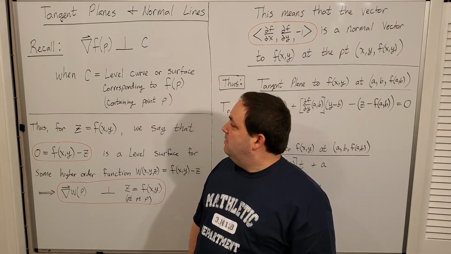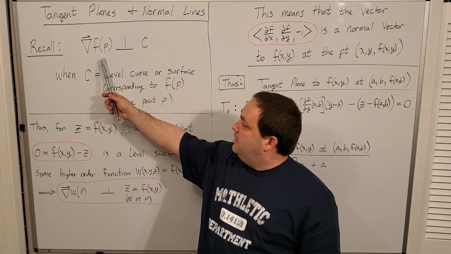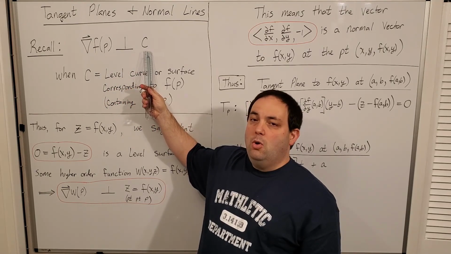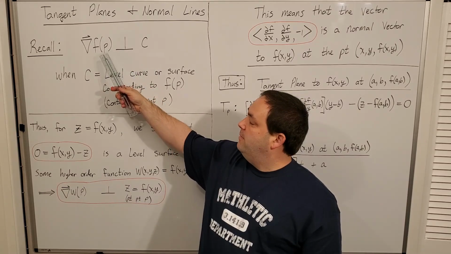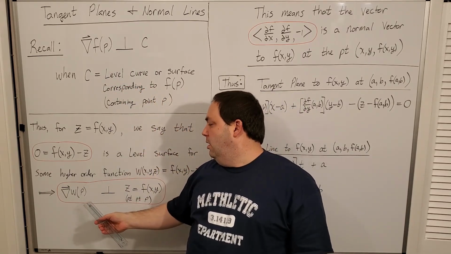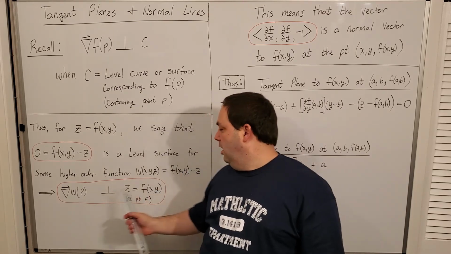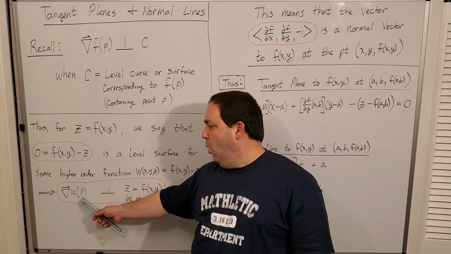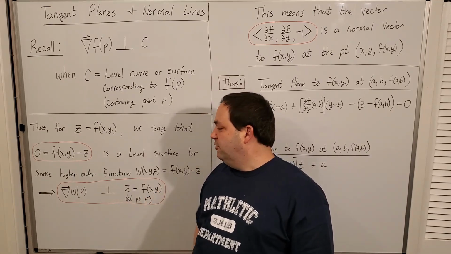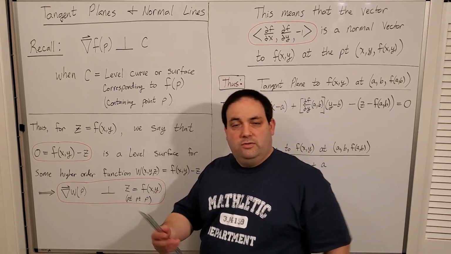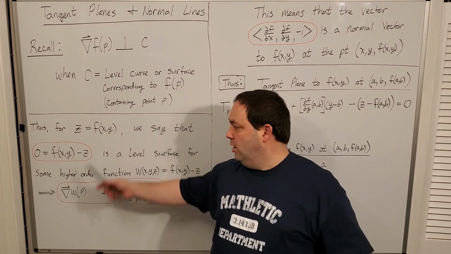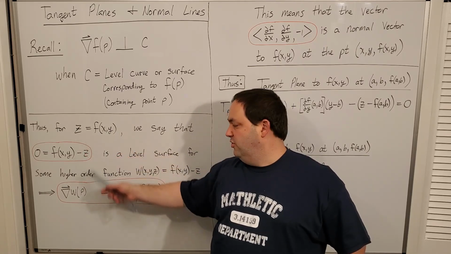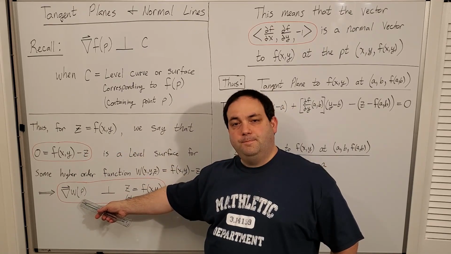What does that mean? Well, remember, the gradient at a particular point is always perpendicular to its own level surface, right? So if you take the gradient of this w function and evaluate it at the point where you're interested in measuring on your original function, you'll have an x, y, and a z value, so you'll get a point P from that.